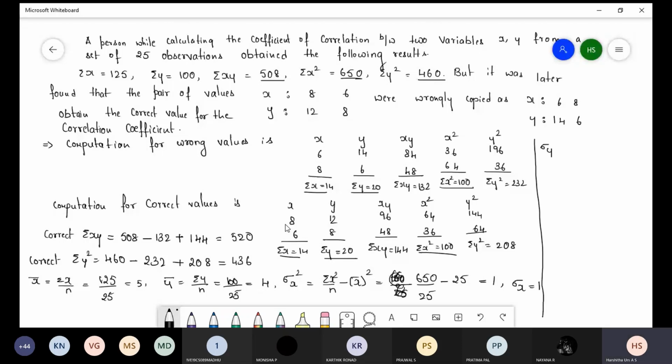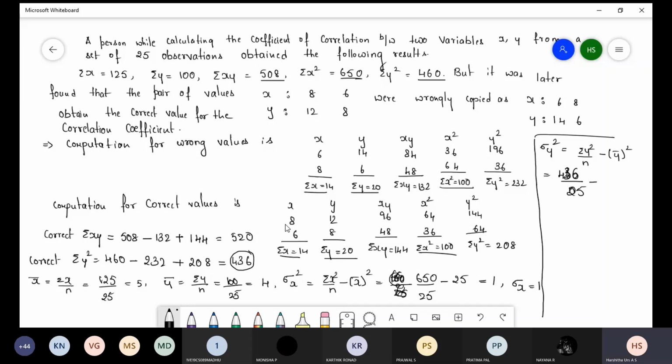Sigma y square is equal to sum of y square divided by n minus y bar whole square. Sum of y square, here we have found a new value, that is 436. 436 divided by n, n value is 25, minus y bar square.